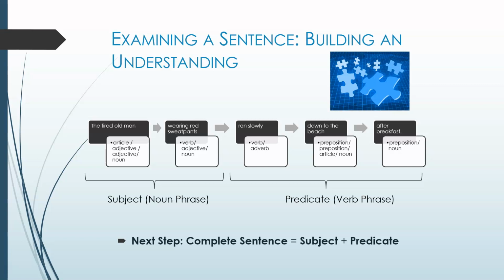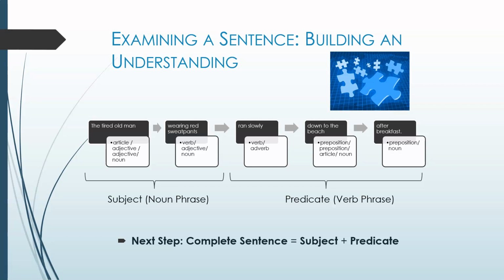You can see that the second part has only one verb, which obviously has to be the main verb for the sentence. Our subject is man, and the action he's doing is running. However, he isn't just running. We get a description of how the running occurs, slowly, where the running occurs, down to the beach, and when the running occurs, after breakfast.